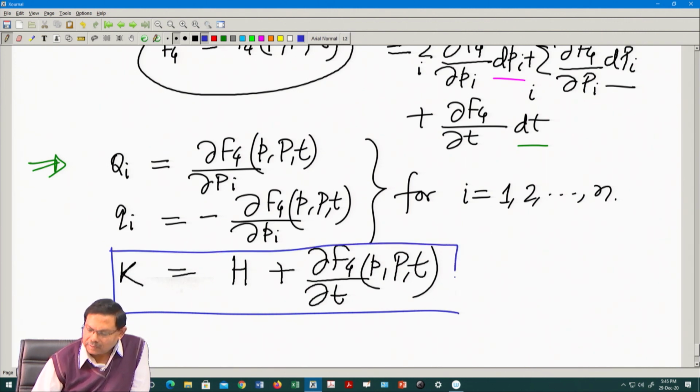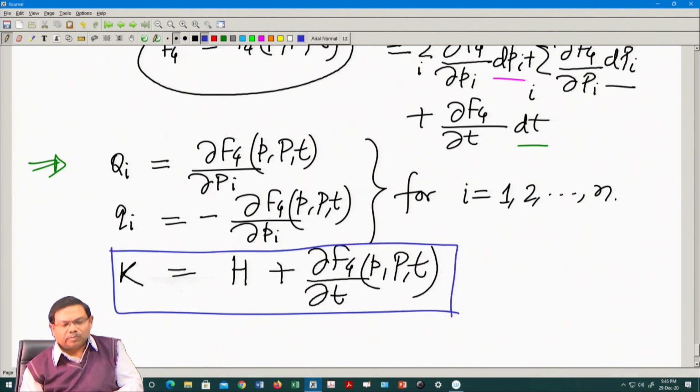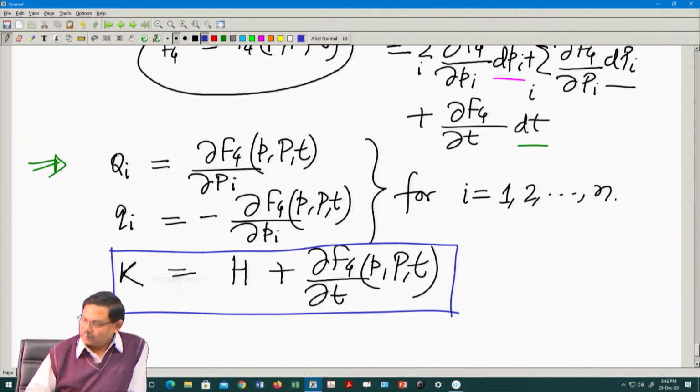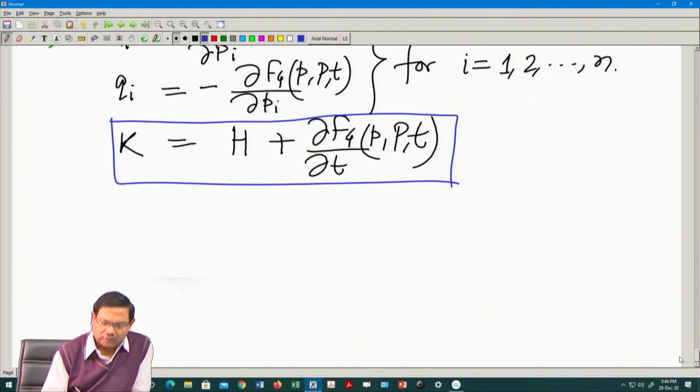So, we have different kinds of generating functions. In phase space there are 4 different kinds of generating functions: F1, F2, F3 and F4.